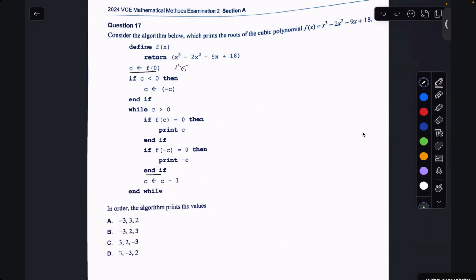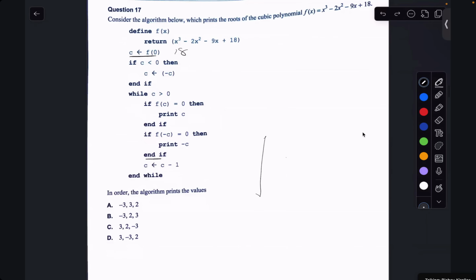So what will happen is we'll go from 18 all the way down until our first value, which looks like 3. And then what happens is we'll go down from 3 and subtract 1 and get 2.